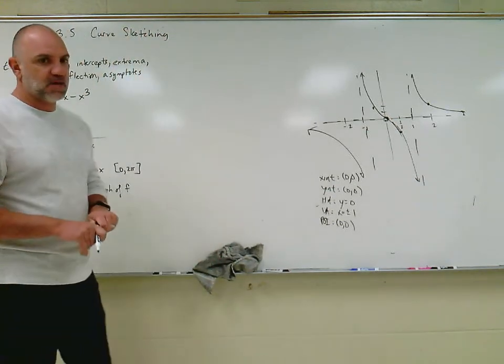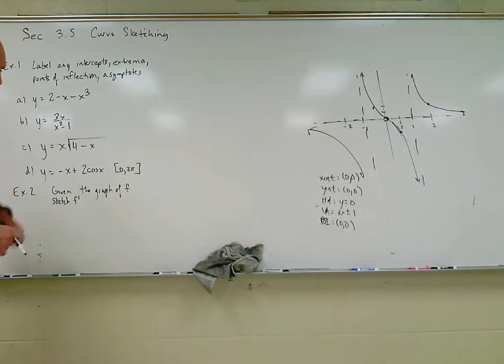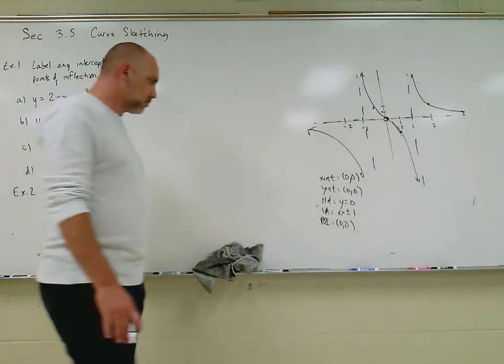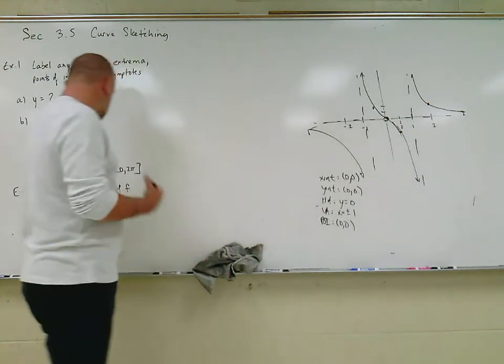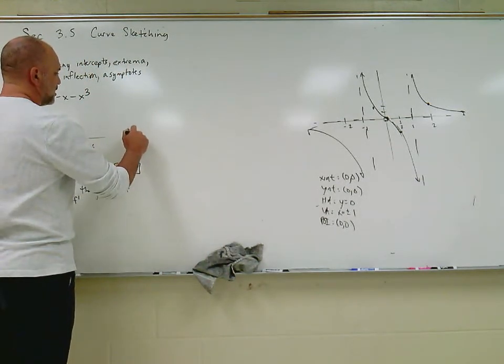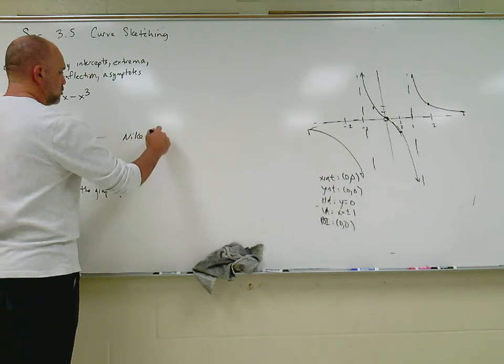All right, there's that one. This one, after a while, you would be good to maybe memorize what it looks like. I call this, maybe I'm wrong, I think it's like a Nike swoosh.